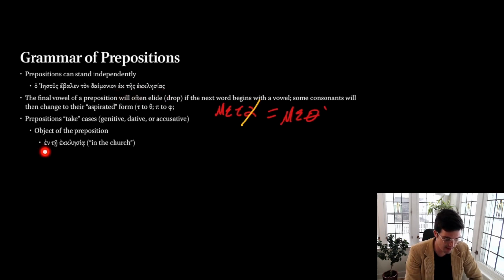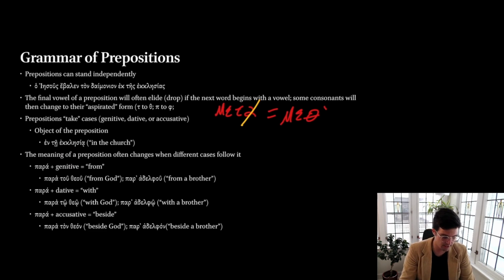Down here we have the preposition en, which takes the dative, in the church. So notice that we have a similar phrase here, ek tes ekklesias and en te ekklesia, but we have different cases following the prepositions, and that is because the preposition will force the words after them to move into a particular case. So in the case of ek, it moves the phrase after it into the genitive. In the case of en, it moves the phrase after it into the dative.